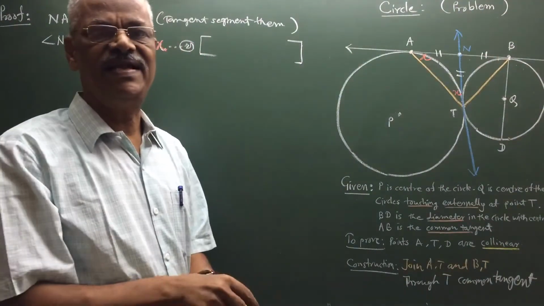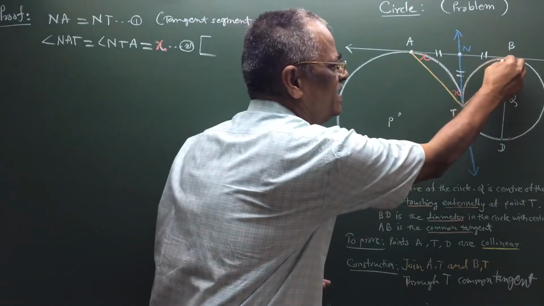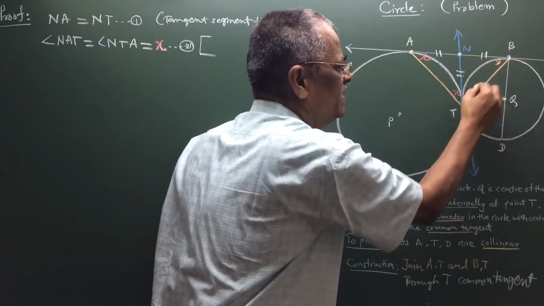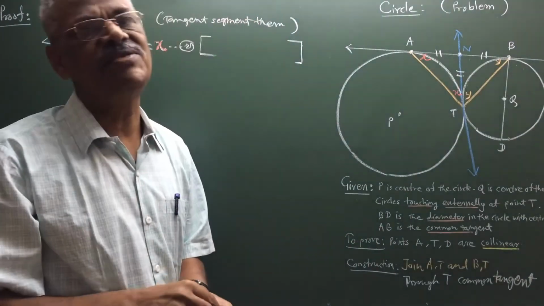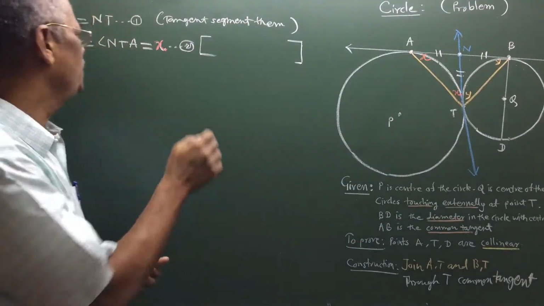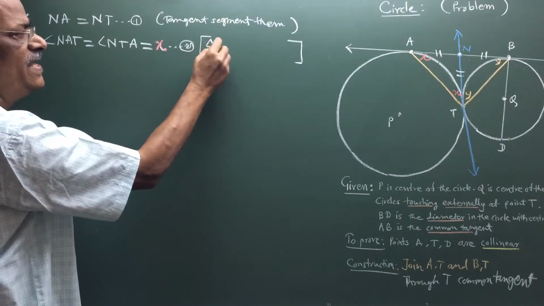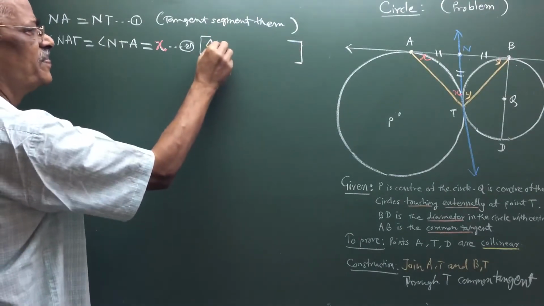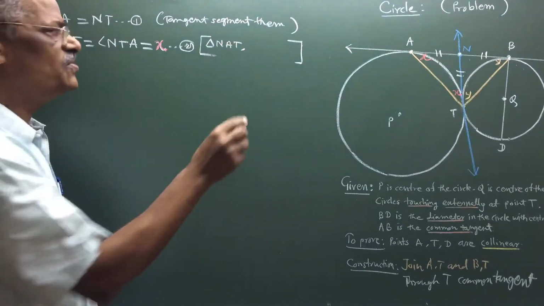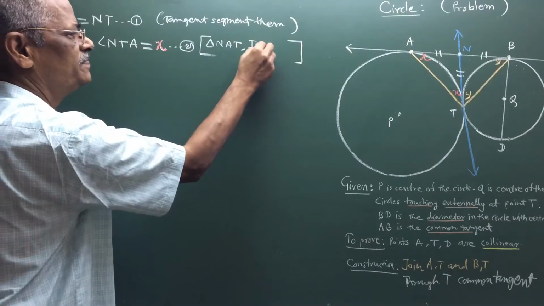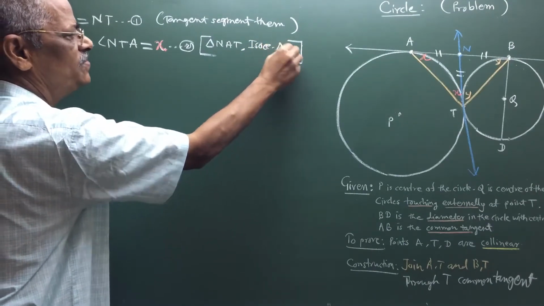And in that triangle, if this angle is Y, here it will be Y, because again it is an isosceles triangle. So let us complete this isosceles triangle NAT.